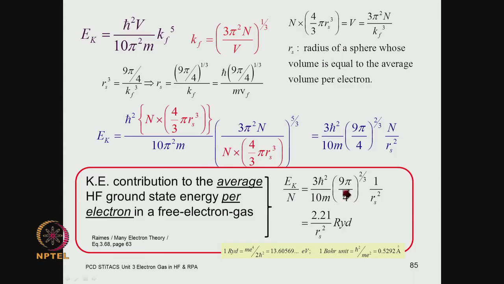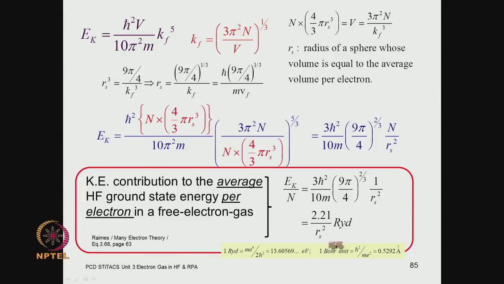So you can find out the corresponding values in appropriate units, and in terms of energy units, it turns out to be 2.21 over Rs² Rydberg, and the Rs itself will be in the Bohr units.